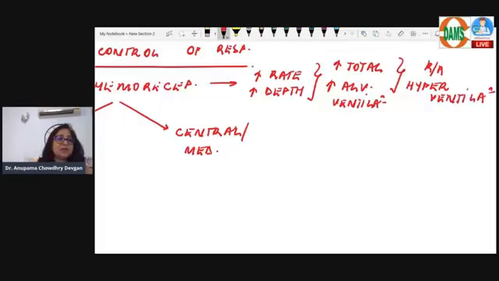Total ventilation is respiratory rate into tidal volume. Alveolar ventilation is respiratory rate into tidal volume minus dead space. We've done that at the beginning of this chapter. So when there is increase in both total and alveolar ventilation, this is known as hyperventilation.